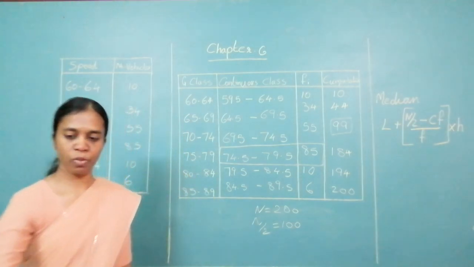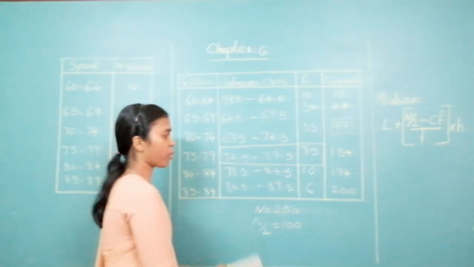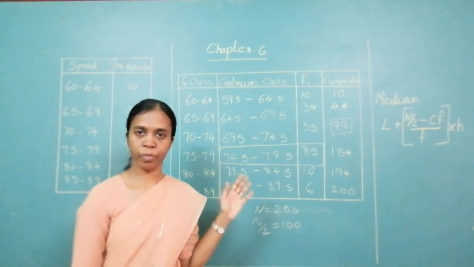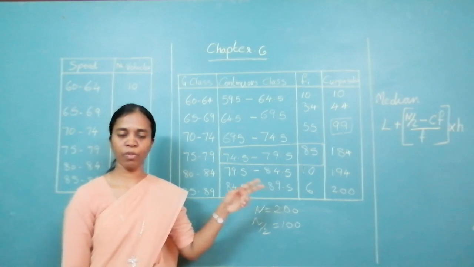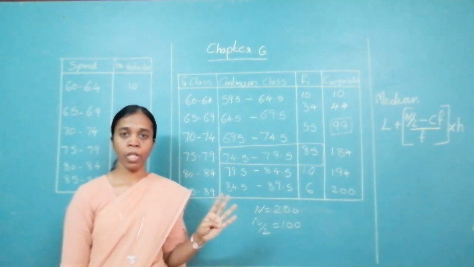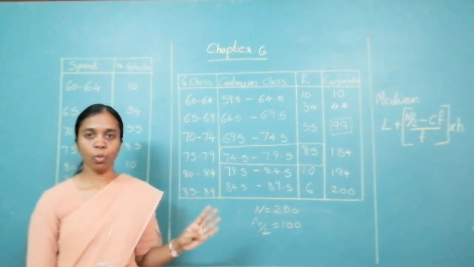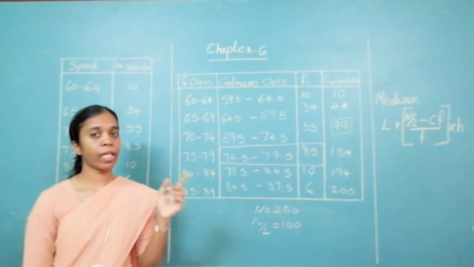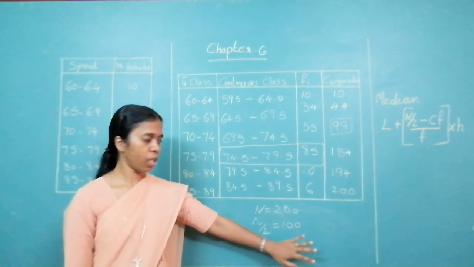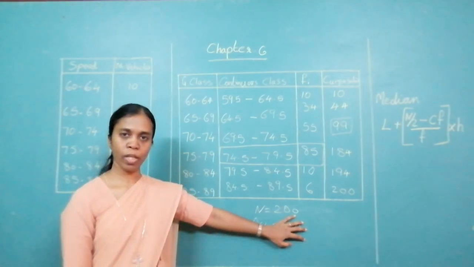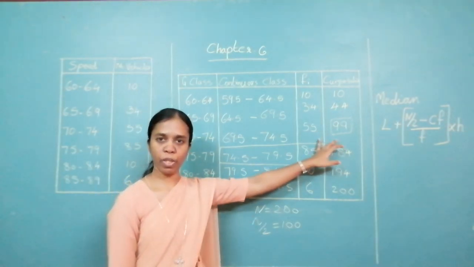So what are the steps over here? First, we have to write our table. To find the median, first we prepare a table with 4 columns. Then find out what n is and then n upon 2. Check where that score lies in the cumulative frequency.